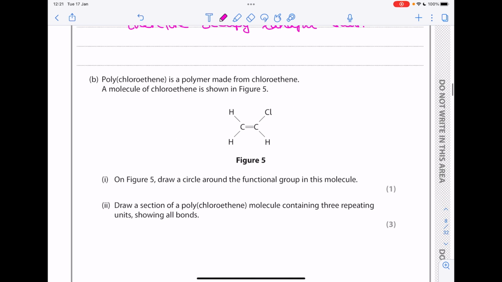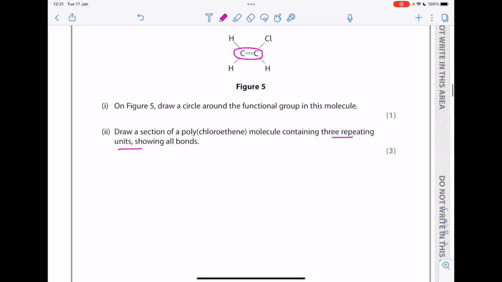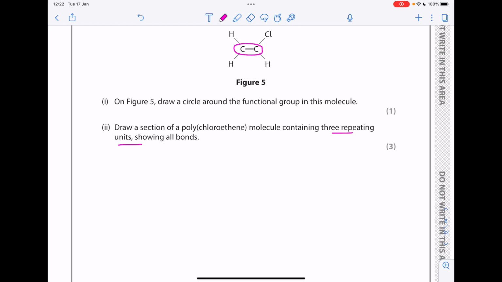Polychloroethene is a polymer made from chloroethene. A molecule of chloroethene is shown. On figure 5, draw a circle around the functional group of this molecule. It's the C double bond C here. Draw a section of polychloroethene molecule containing 3 repeating units showing all the bonds. Okay, so what you have to do here is take that original monomer, break the double bond, add all the other atoms back in.